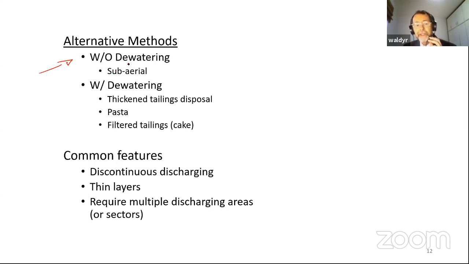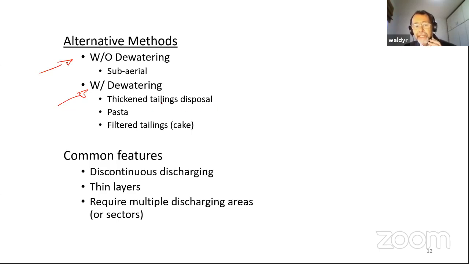We call this subaerial disposition, when you don't do anything with the tailings route in the plant. But sometimes in the plant, what we're going to do is dewater the tailings before we discharge. And then you're going to see some of these possibilities.